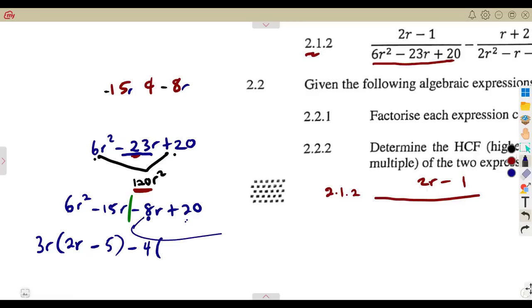Minus 8 and minus 4 gives positive 2r, and 20 and minus 4 gives negative 5.